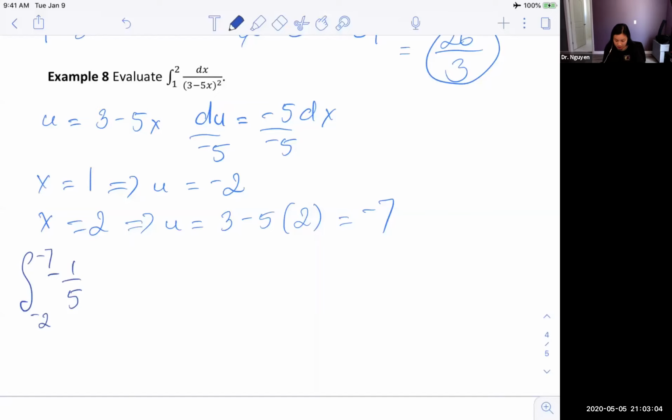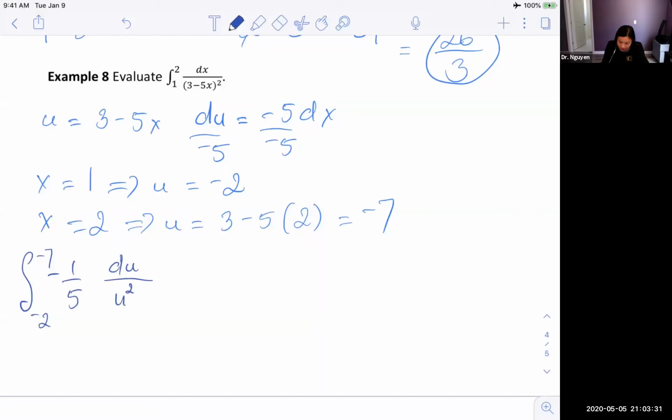Okay, -2, -7. And then I have the function right there. So it's going to be du over u squared.